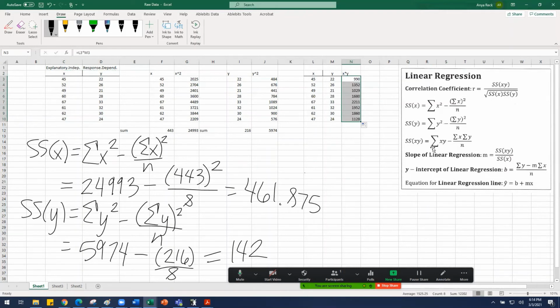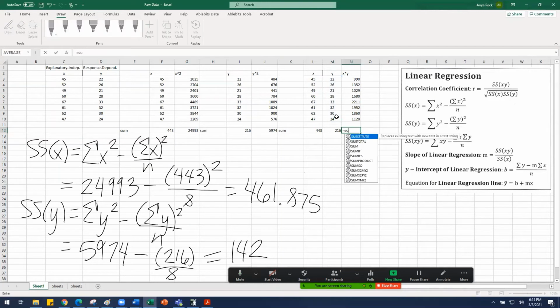And then it says we need the sum of the x column, the sum of the y column, and the sum of x and y. So we need the sum of all three. So the sum of x, the sum of the y, and the sum of x times y.